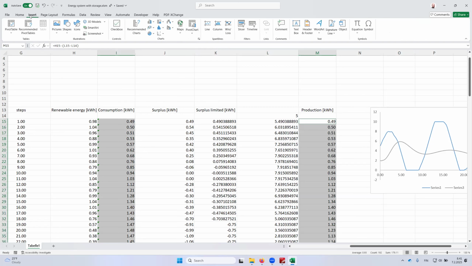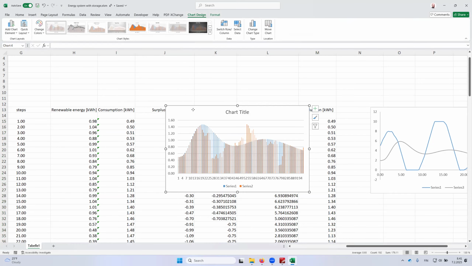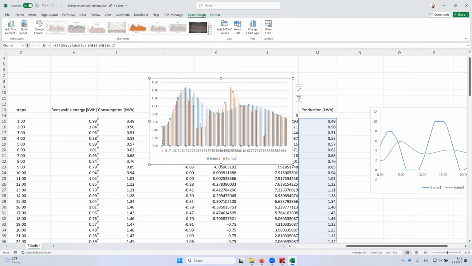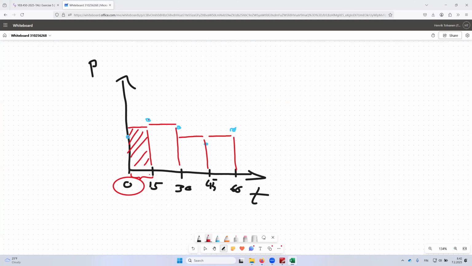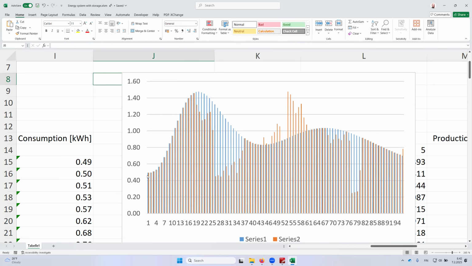And now I'm going to insert from the charts, I'm going to draw this kind of a line graph. So from here, you can see that each of these columns or column pair represents one time span that we are determining. So I put side by side the consumption and the production.